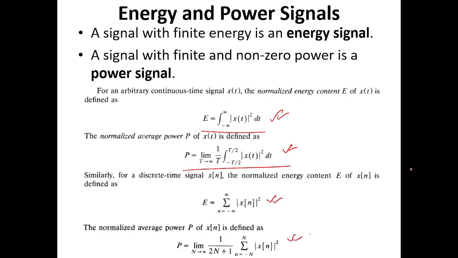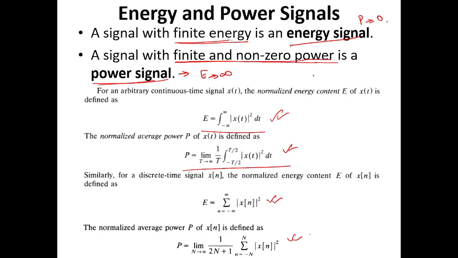Okay, so an energy signal has a finite energy. On the other hand, a power signal has a finite and non-zero power. Also the energy of a power signal would be infinite. On the other hand, the power of an energy signal is 0.